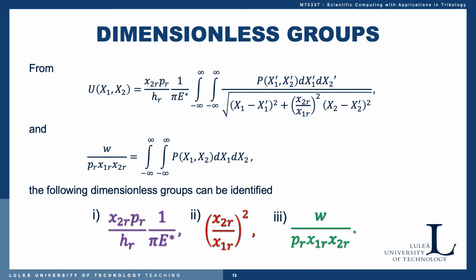And we find two such groups in the expression for the dimensionless deformation, and one such group in the expression for force balance in non-dimensional form. And these are listed here below. You can see 1 and 2 are the groups that we find in the dimensionless deformation, and 3 is the group in the dimensionless force balance equation.